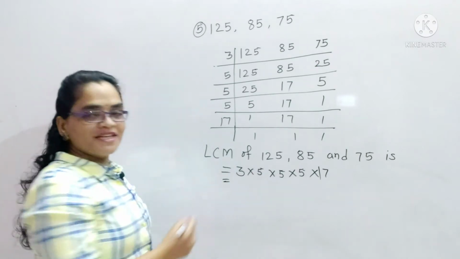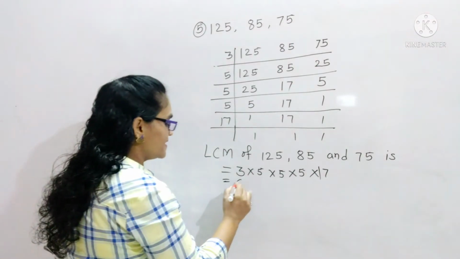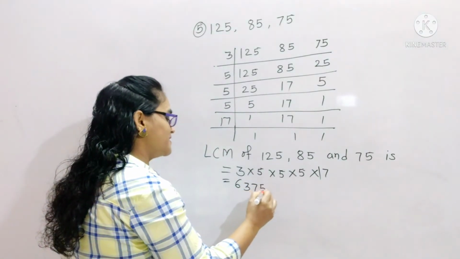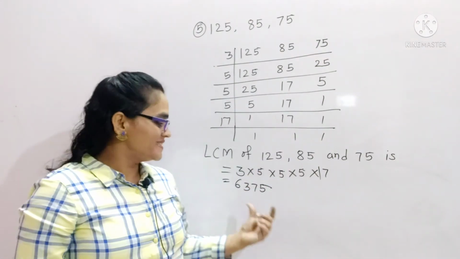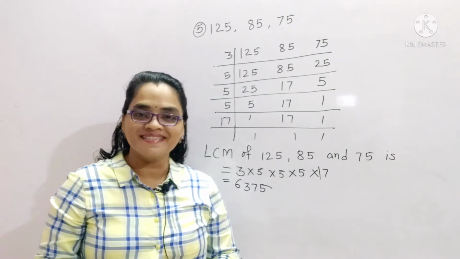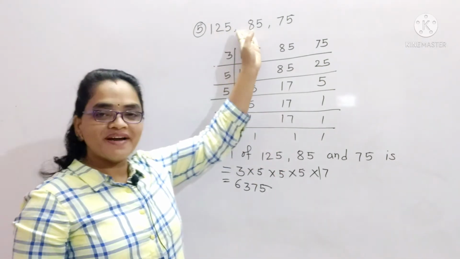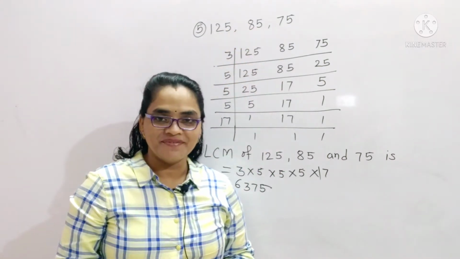The LCM we are getting is 6375. You can multiply and check. 6375 is the LCM of 125, 85 and 75.